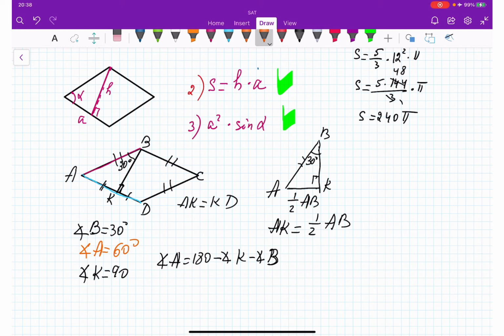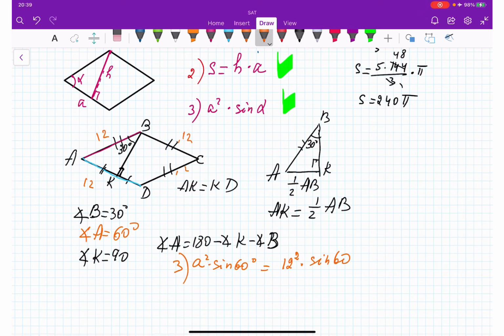Which is going to be A squared, and A is 12, right? Everywhere. So based on the third formula, I can take A squared times sine 60 degrees, which is going to be 12 squared times sine 60. Or using the second formula, I can use H times A, or 12, right?